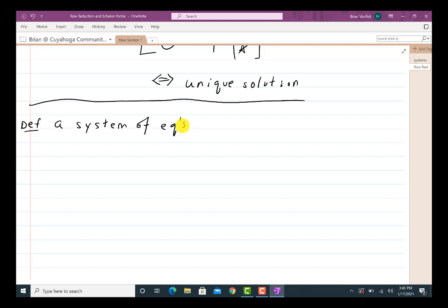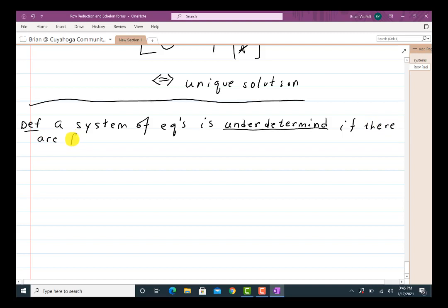What's important is we have a system of equations, and it's underdetermined if there are fewer variables than equations.